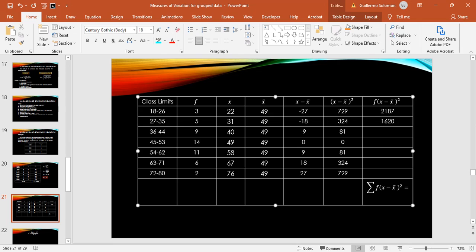Okay. So, 9 multiplied by 81, that is 729. Ay, hindi. 11 pala yun. Dito pala, 14 times 0, that is 0. So, 11 times 81, that is 891.